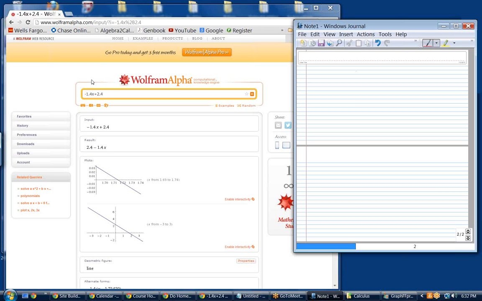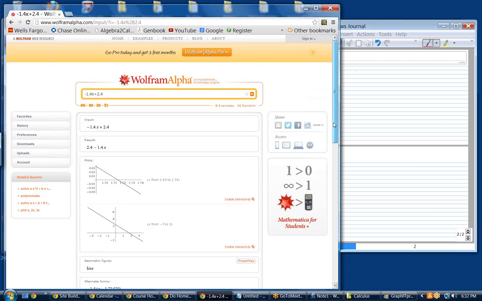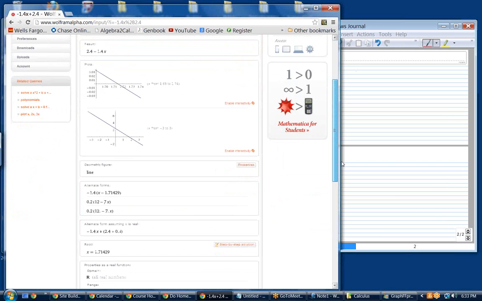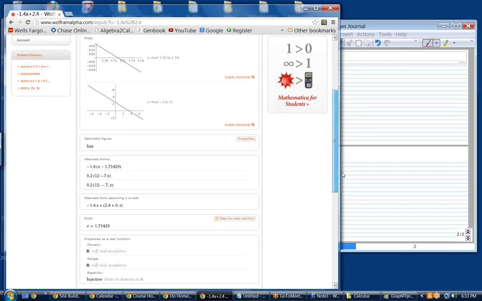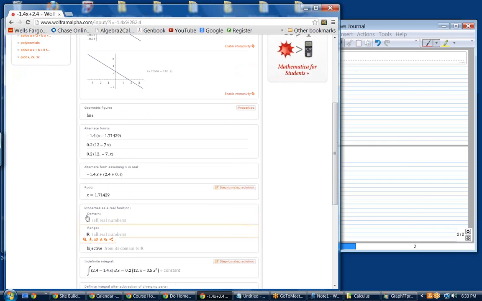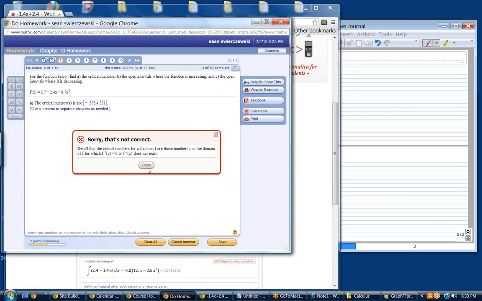And for the second term, you just take the coefficient of the x value. We want this to be 0, so it's whatever that x-intercept is. So it looks like 1.714. Let's try that.